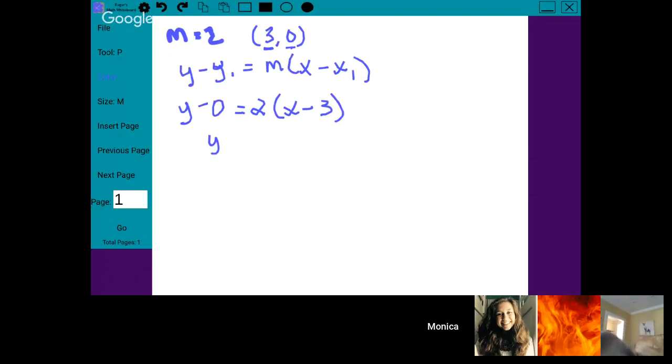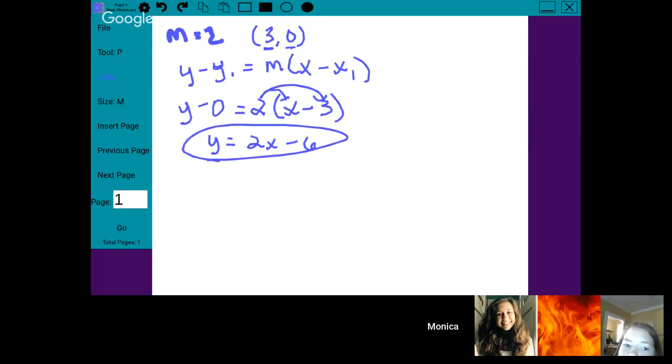So y minus 0 is just y. Here we have to distribute this in, okay? So 2 times x would be 2x, and 2 times negative 3 would be negative 6. So now you already have your equation in y equals mx plus b form. So that would be the equation of the line, y equals 2x minus 6.